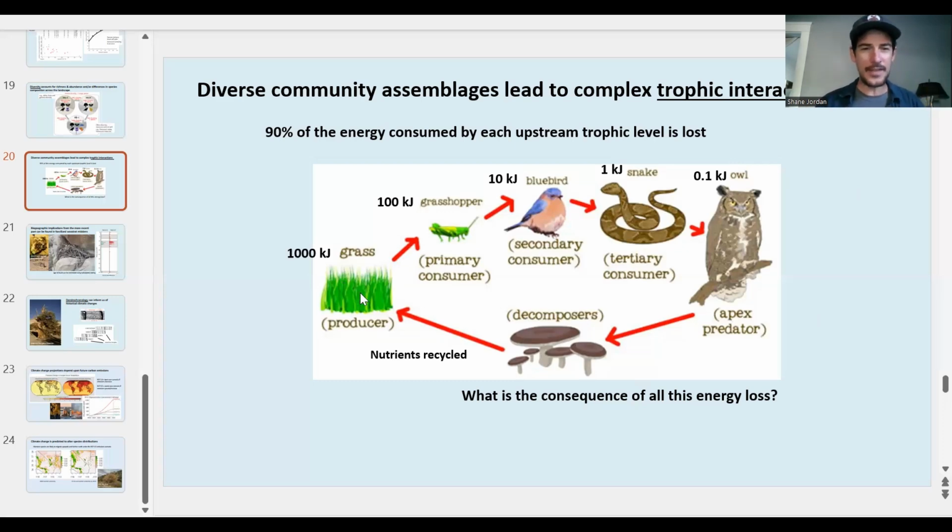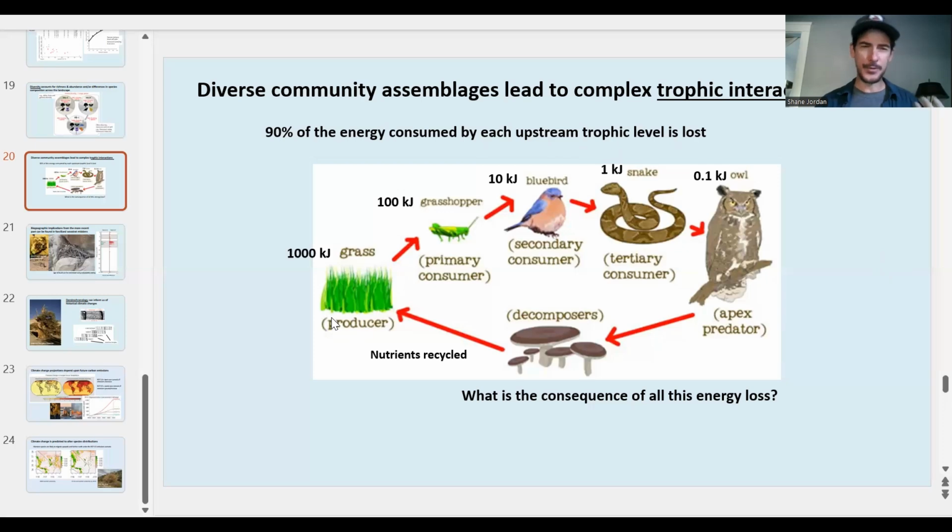If we look at the amount of energy produced by this grass and the amount of energy consumed by each of these upstream consumers, we can see pretty quickly that about 90% of the energy consumed by each upstream trophic level is being lost. How is this playing out?